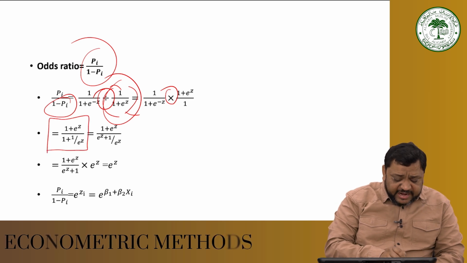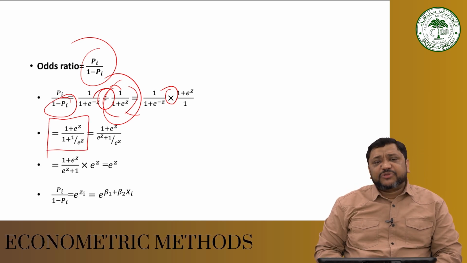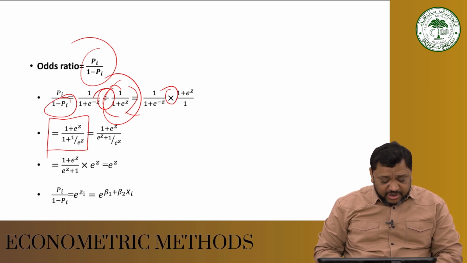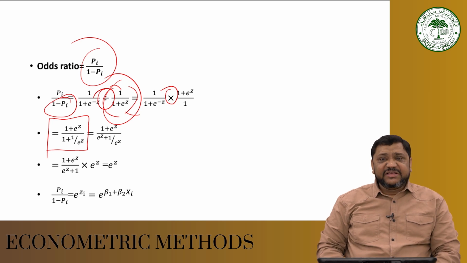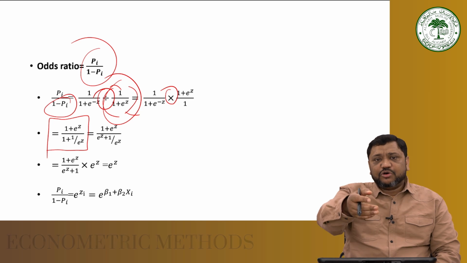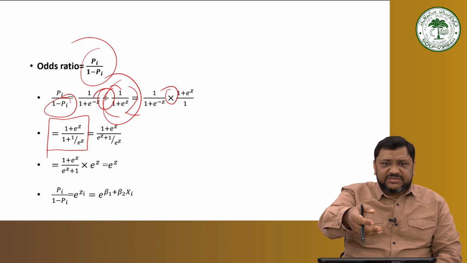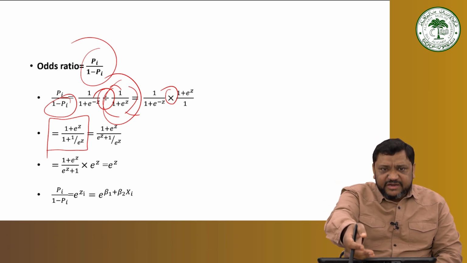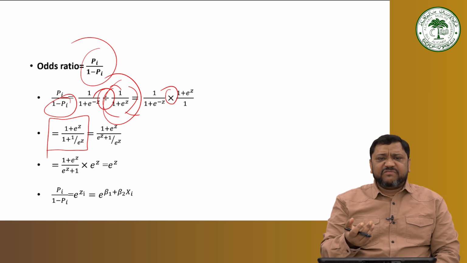This we can rearrange as 1 plus e raised to the power z divided by 1 plus 1 divided by ez. That means, if we don't want to write in terms of minus, e raised to the power minus z we can write as 1 upon e raised to the power z.